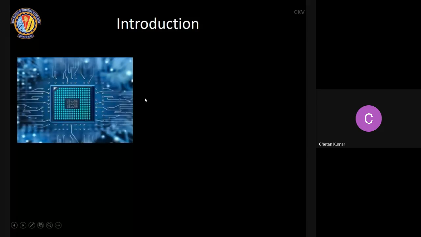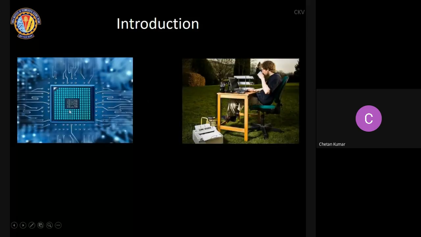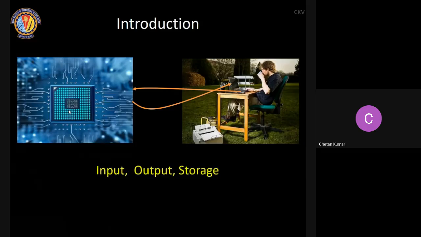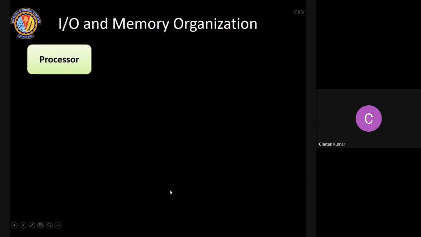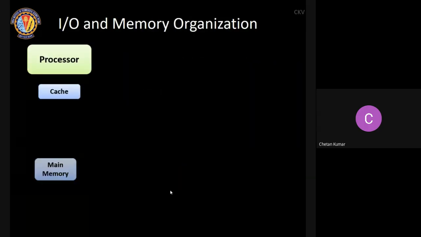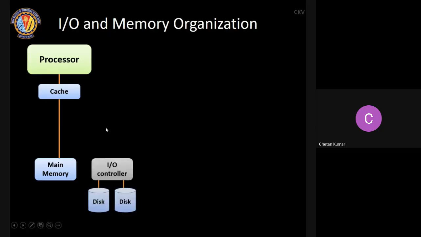Even though you are trying to design a processor, finally the processor has to interact with humans. For this we need input, output, as well as some storage. We have discussed the processor's interaction with the cache, the main memory, and to some extent the secondary memory. But you have other things too.